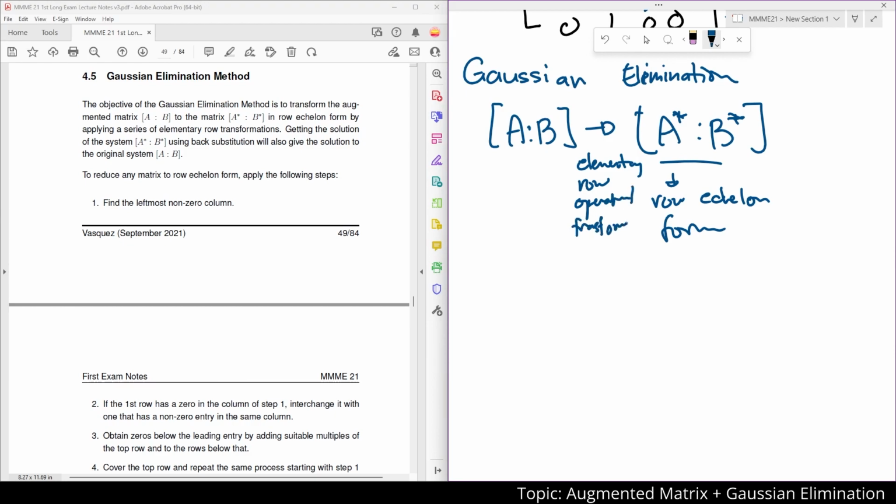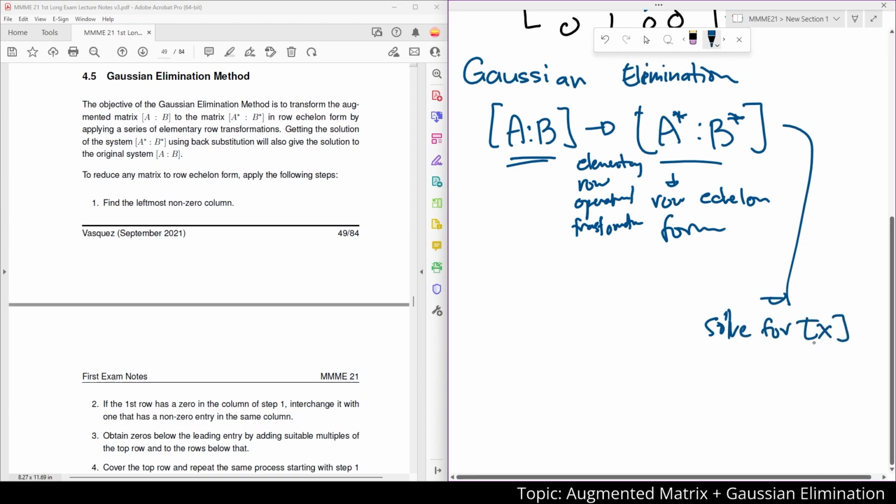Okay? After nating magawang row echelon form augmented matrix natin, we can use back substitution to give the values of our X matrix, which will be also the solution to our original matrix. So once we get this, we can solve for X. And yung solution ni X dito is same ng solution nung original.